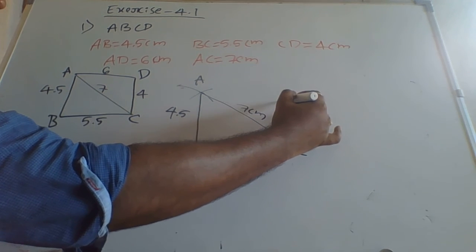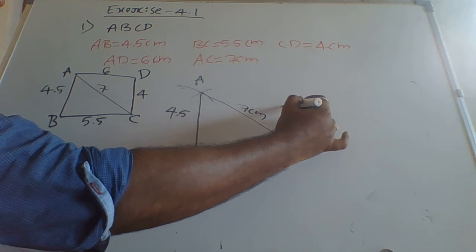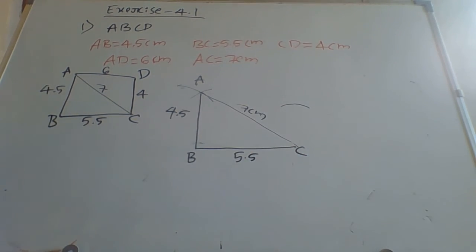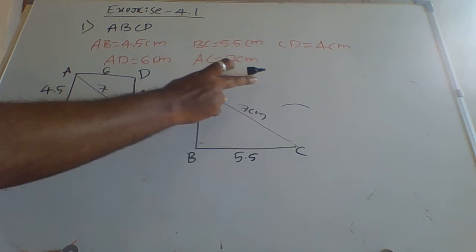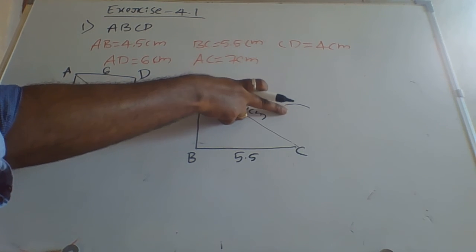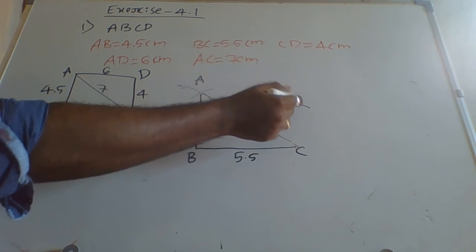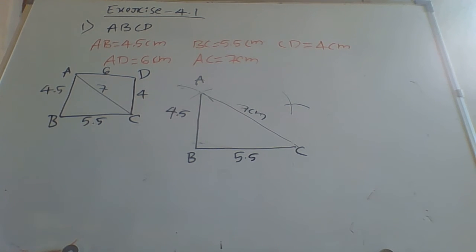Like this only, consider a length of 6 centimeters, place it on point A and draw an arc which will intersect this arc.